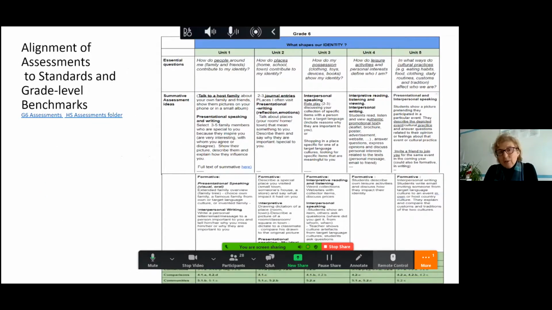Here, I just want to show briefly how we looked at the grade level assessments for each of the units and how we looked at the grade level benchmarks and standards. For each unit, we have summative assessments and several examples of formative assessments, as well as a document showing how they're aligned with specific grade level standards and benchmarks.